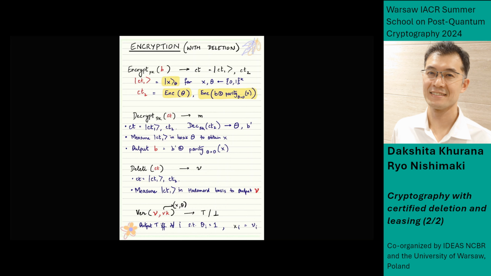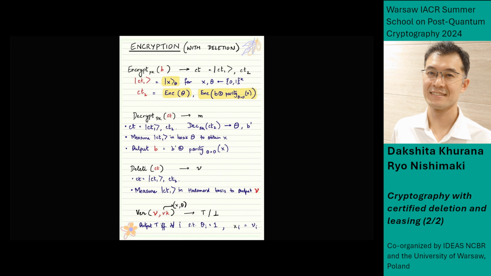We just recover theta and B prime from the classical ciphertext and measure the quantum ciphertext in basis theta to obtain X. And then we can unmask B prime. The deletion algorithm just measures the quantum part of this ciphertext in the Hadamard basis.